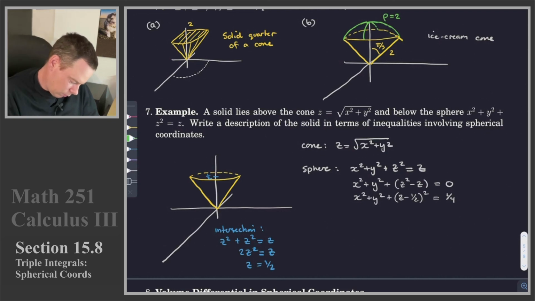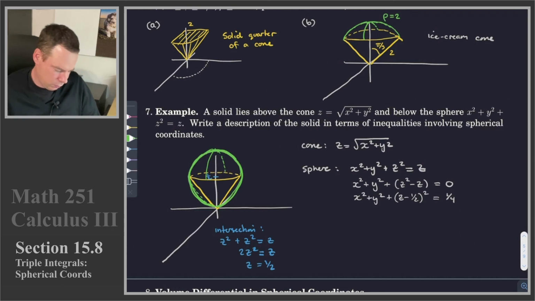So we've got our sphere that's sort of sitting right up here. And the radius of our sphere is 1/2 as well. If I was to draw the rest of the sphere in, a poor drawing of the sphere, it would look something like this. It goes right through the origin and then it wraps around up top.